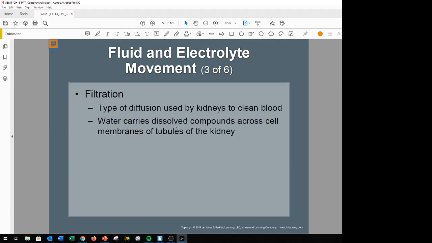Filtration. All right. So when we talk about filtration, we think of the kidneys because they're the biggest filter that we have. And this can also happen in the capillaries as well.